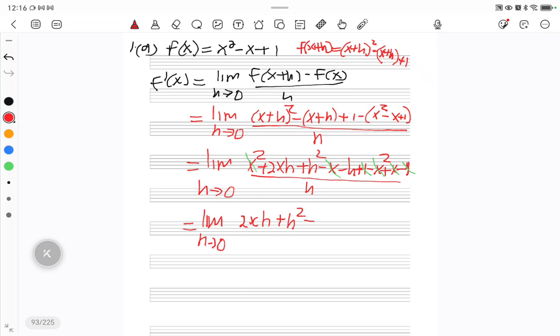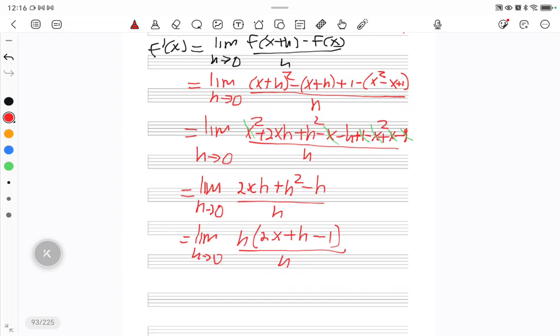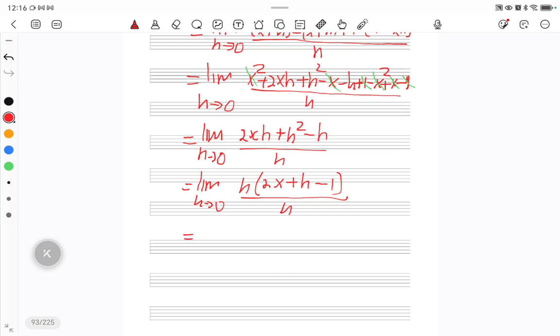So the limit as h approaches 0, then we factor out h: 2x plus h minus 1 all over h, and h can cancel out.